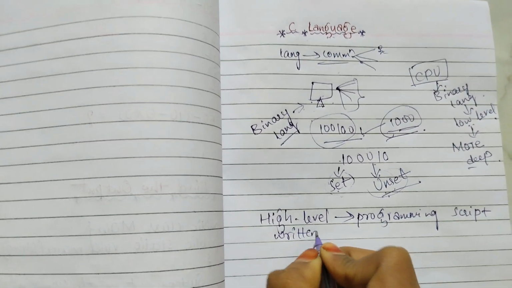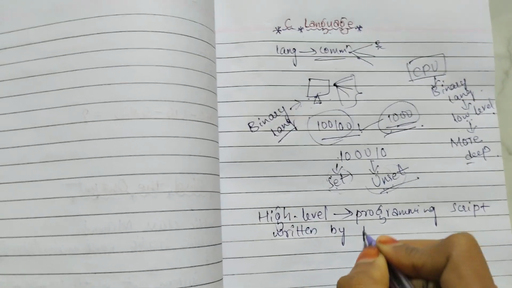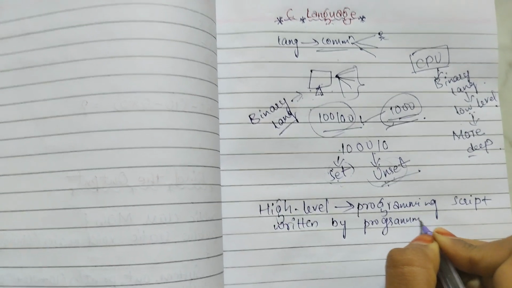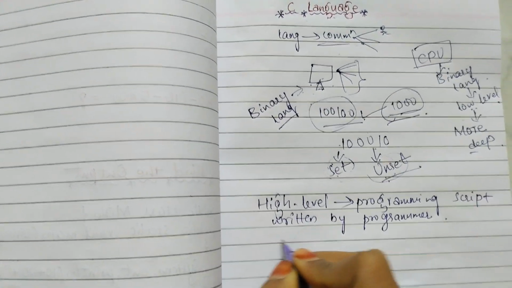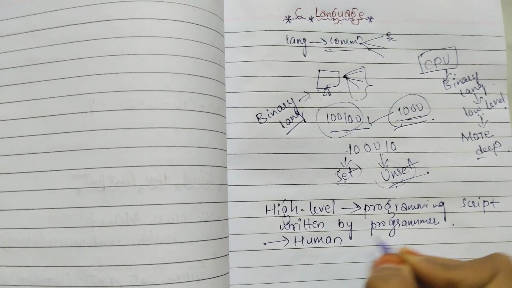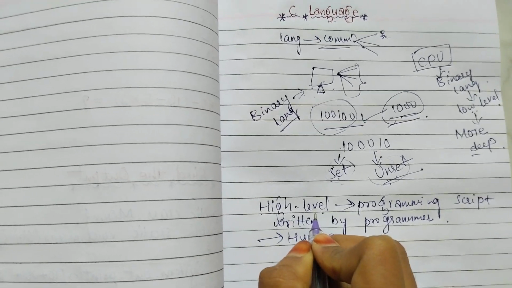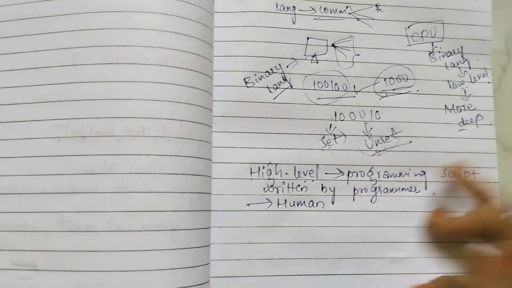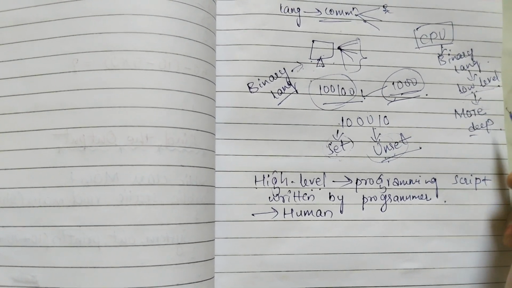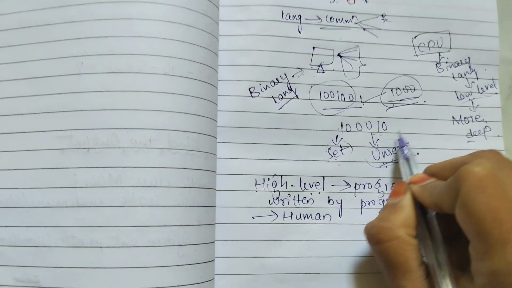It is in a human understandable way. Because this is high level language, we can easily understand if we read it. Clear? But low level language is more deep. We cannot understand it. It is in a binary format. That's why we cannot understand.